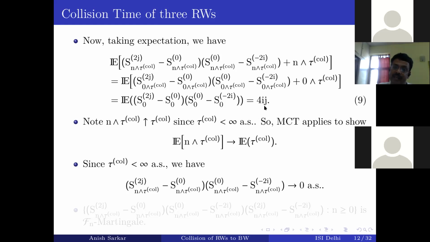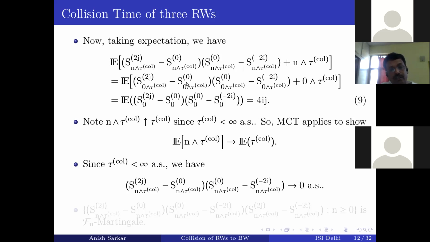This side does not have n, so the limit is taken on the other side. This part I have shown already is the expectation of tau collision. For this expectation, I want to somehow show that the limit will be 0. How can we do that? That is the next part. We will come back to this later, so let us see this first.